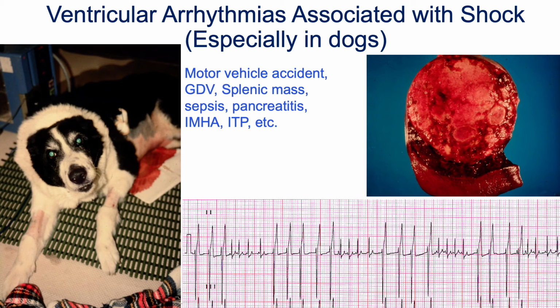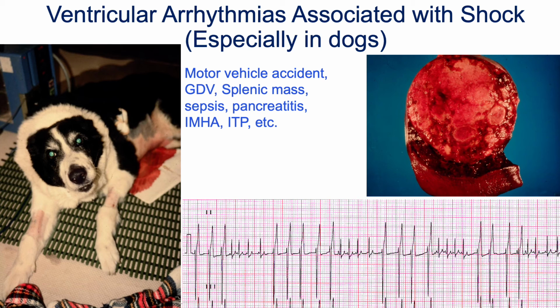Dogs with systemic disease can get ventricular arrhythmias, and this can be particularly problematic. Some of these arrhythmias are bad enough to require treatment, and some of them are less concerning. The potential clinical associations in dogs are probably just about anything that can lead to shock or coagulopathy.